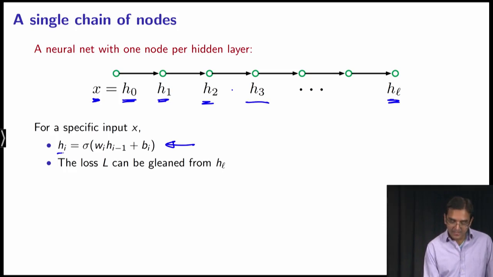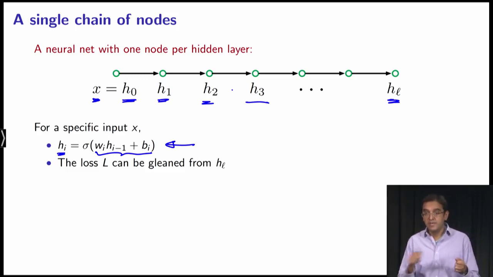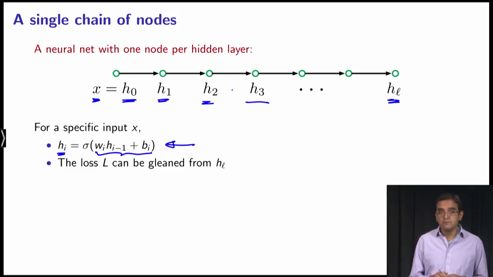Okay, so each h sub i is some linear function of h sub i minus 1, after which we apply the nonlinear activation, for example, the rectified linear activation function. Okay, so we start at x and we compute h1, h2, h3, and so on. Okay, so once we get to the end, once we get to h sub l, then from that we get the probability of y, and we can assess the loss at that point.